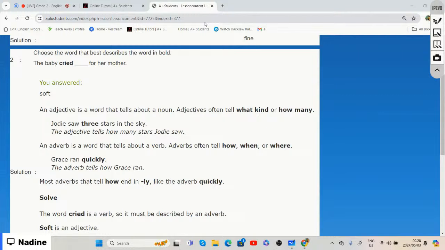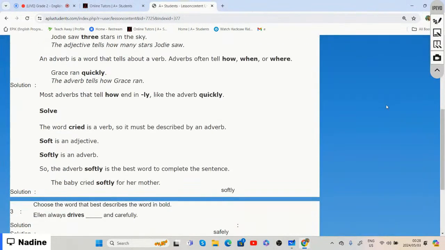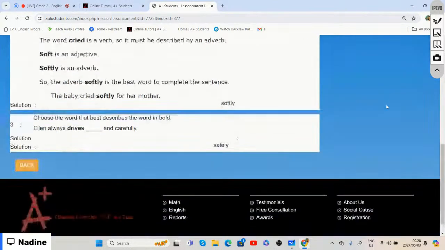So what kind? All right. Yes, it says Ellen always drives safely and carefully.